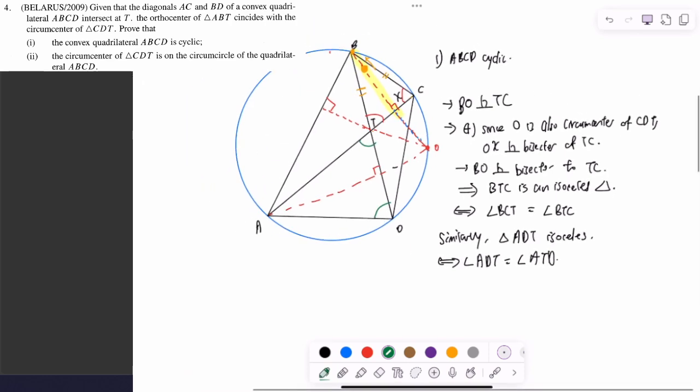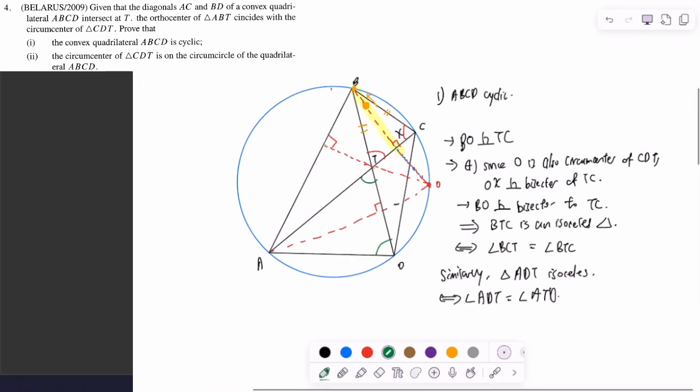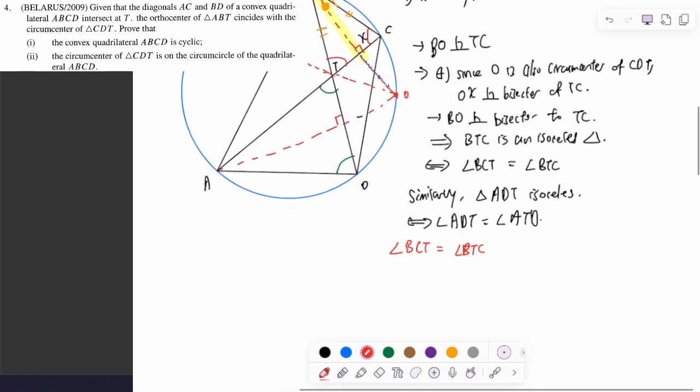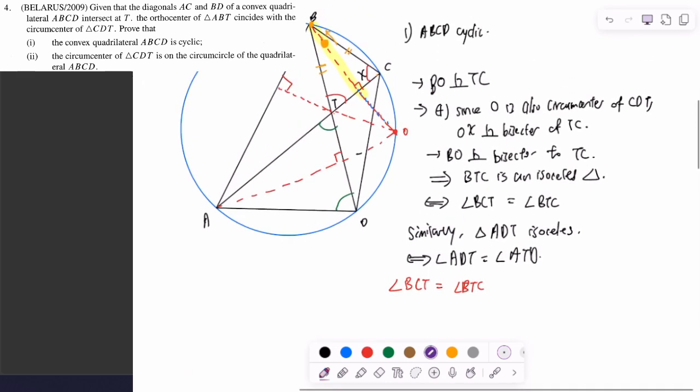Now you have enough things to find out if ABCD is cyclic or not. Basically, the key idea is angle BCT equals angle BTC. This is from the first isosceles triangle that we saw. Also, angle BTC is equal to angle ATD.